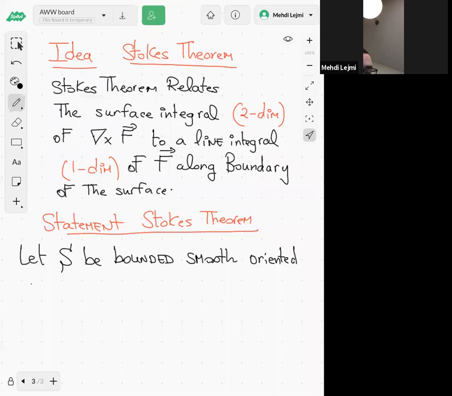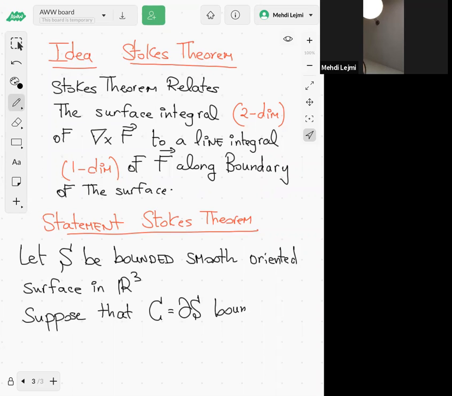So S is a surface in R3. Now we suppose that the boundary of the surface S consists of finitely many simple closed curves.